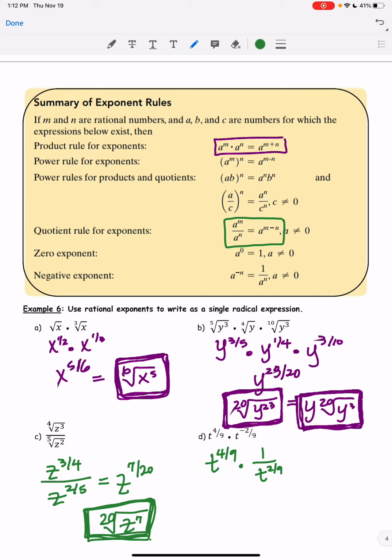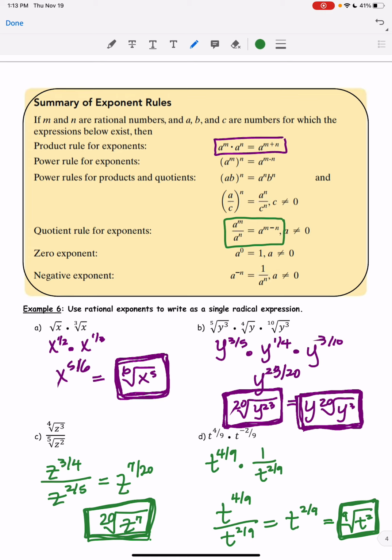When you multiply straight across, this is the same as being over 1. So multiply straight across. And we get t to the 4/9 over t to the 2/9. And when I subtract, we get t to the 2/9. And now put that in radical notation, which is the 9th root of t squared.